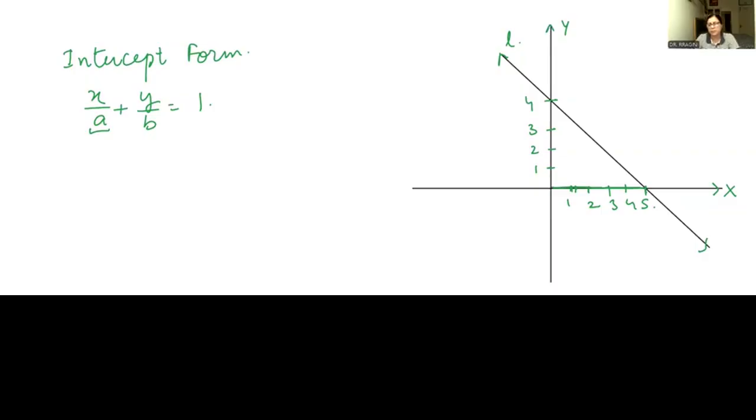So the x-intercept is 5 units. And on the y-axis, it is cutting at 4. The length of the y-intercept is 4, the length of the x-intercept is 5. So the equation of the line becomes x by 5 plus y by 4 is equal to 1.